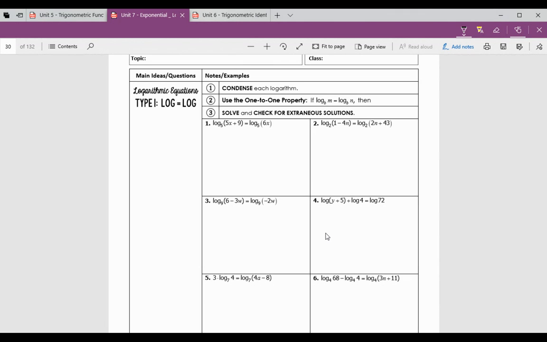Where you had the product property, you had a log plus a log, and you pulled it together with multiplication. We're going to have to apply some of those properties here. So what we want to do is get a logarithm equal to a logarithm, because if you can get one logarithm equal to another logarithm, then you can take these numbers and set them equal. So m equals n.